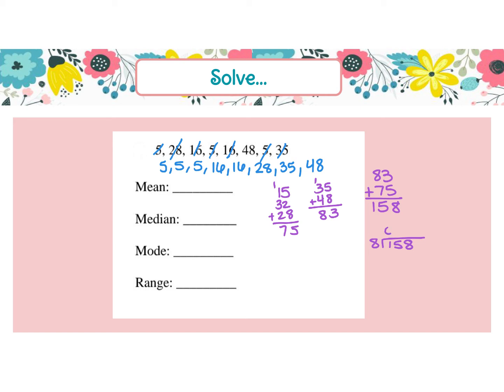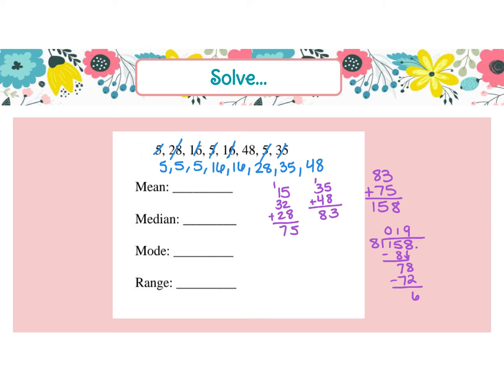Eight cannot go into 1, but it can go into 15 one time. We're left over with 7, and we can bring our 8 down. 8 can go into 78 9 times. 8 times 9 is 72, and we get a remainder of 6.